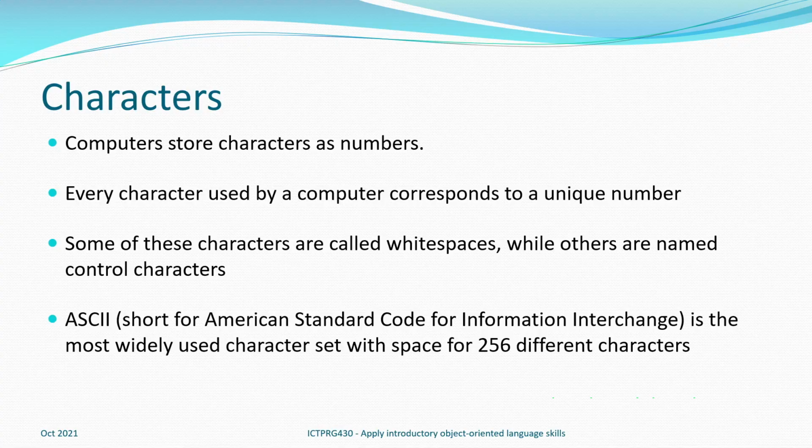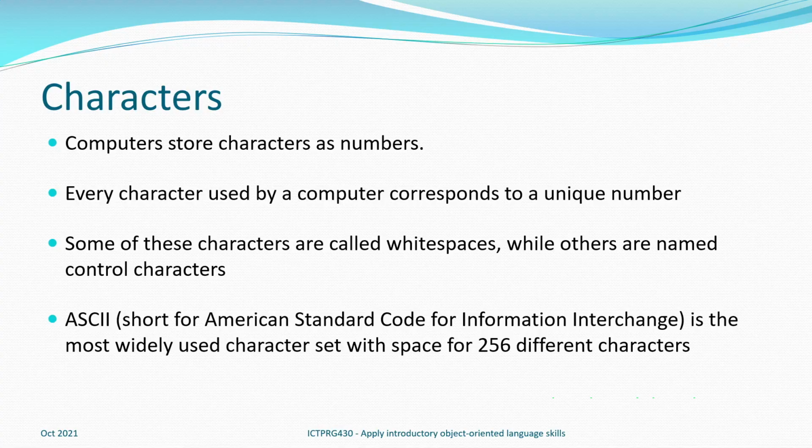Each character is represented by a number, and each of these has to be a unique number so that it represents, for example, an uppercase and a lowercase letter. Basically, everything that you can see on your keyboard when you look down is represented by a number, including spaces and control characters.